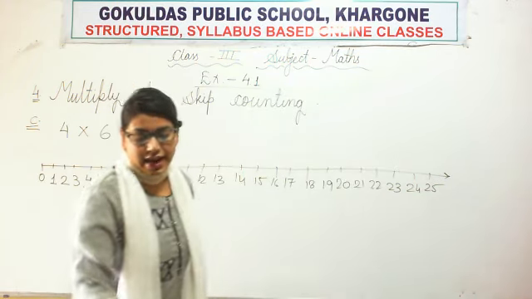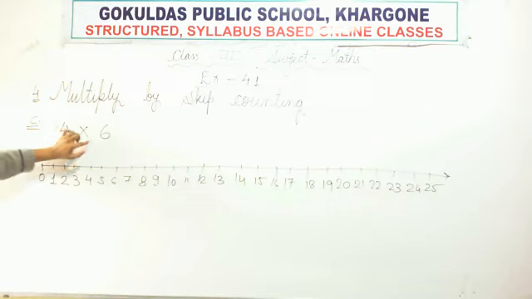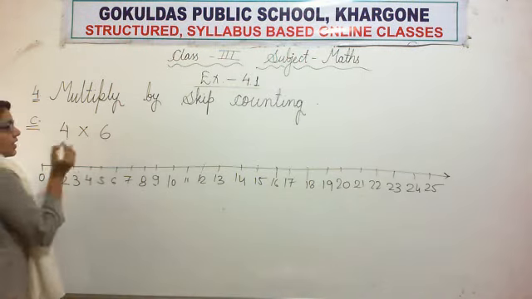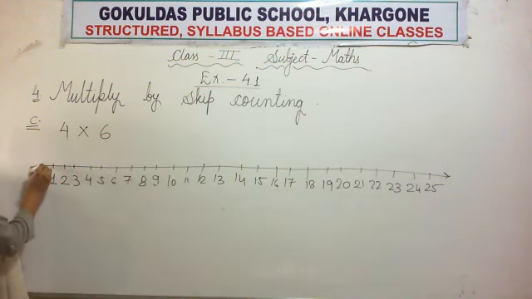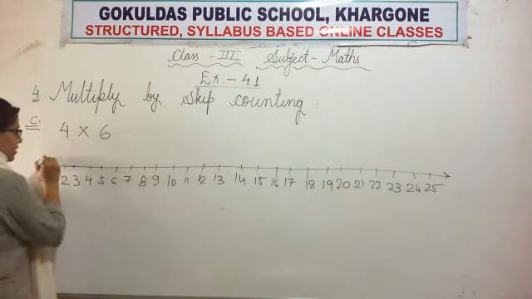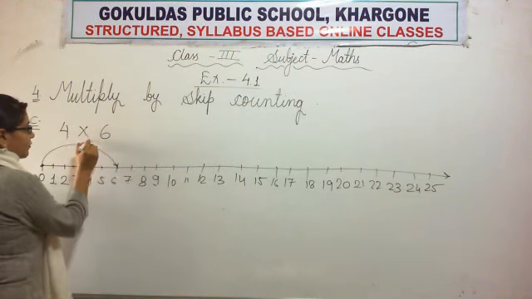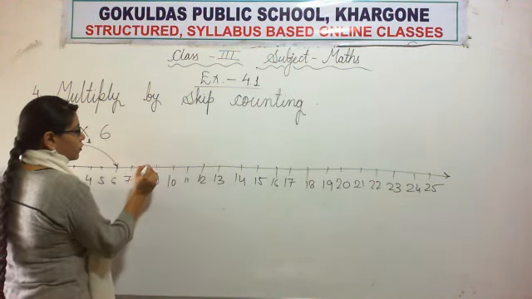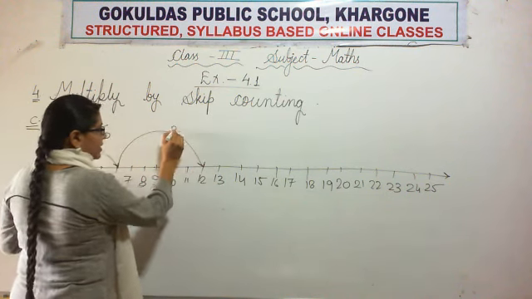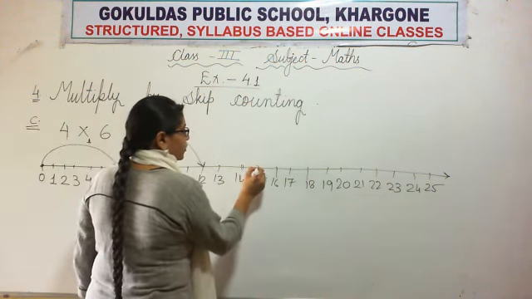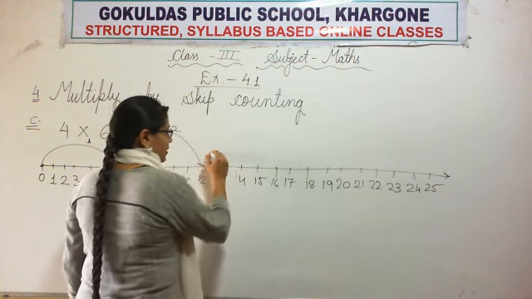Okay, so let's start the question. 4 into 6. 4 times 6. We will skip number 6, four times. So let's start from 0. So 1, 2, 3, 4, 5, 6. One time. We skipped one time. 1, 2, 3, 4, 5, 6. Second time. 1, 2, 3, 4, 5, 6.